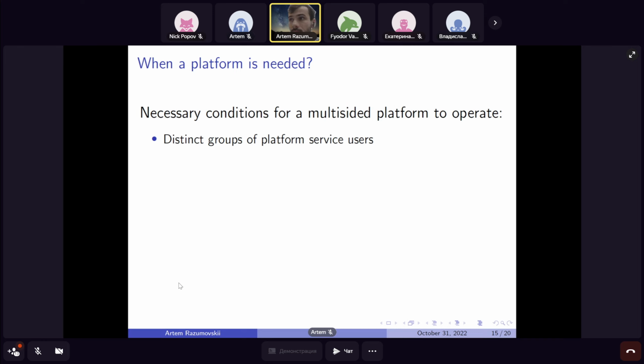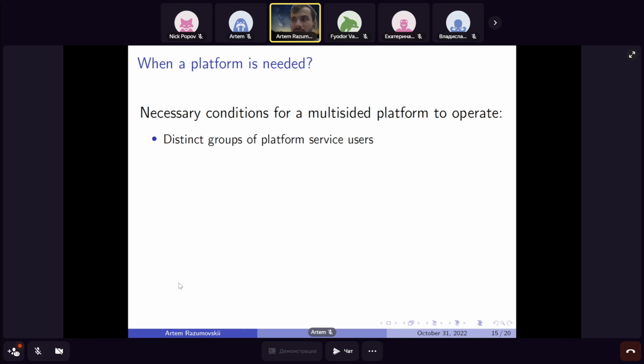So then, what do we need for several-sided markets to operate? The first necessary condition is that we need several different groups of users, which we need somehow to connect or coordinate.